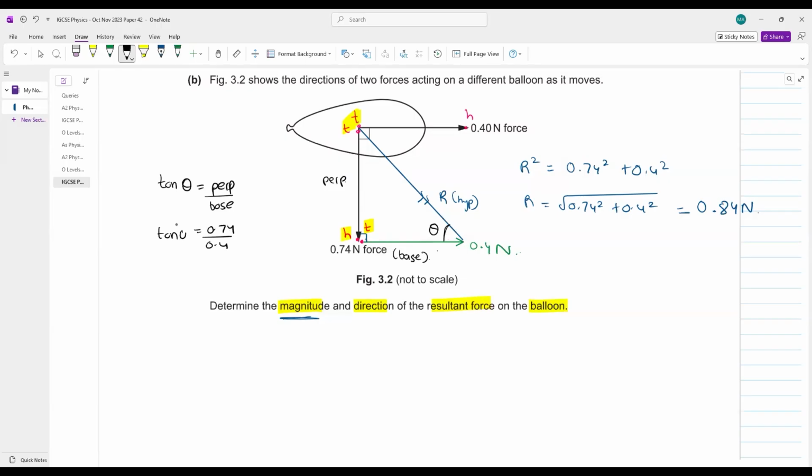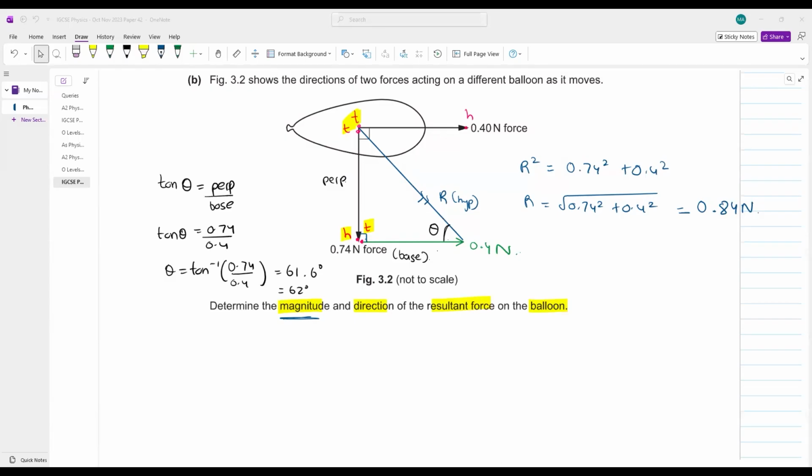Theta is equal to tan inverse of 0.74 divided by 0.4. Theta comes out to be 61.6 degrees. If you round it off to two significant figures, this becomes 62 degrees with the horizontal force.